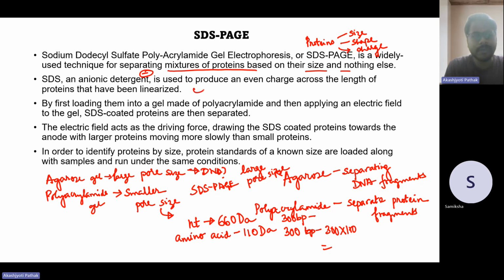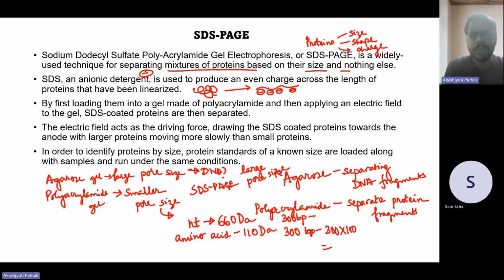But once you treat your protein with SDS, it linearizes your protein, converting the tertiary structure into a linear structure. Once it is linear, the SDS uniformly coats the linear chain of the protein with negative charge.